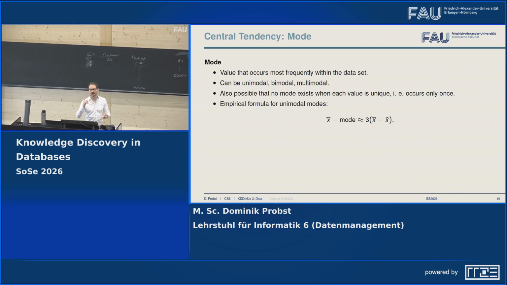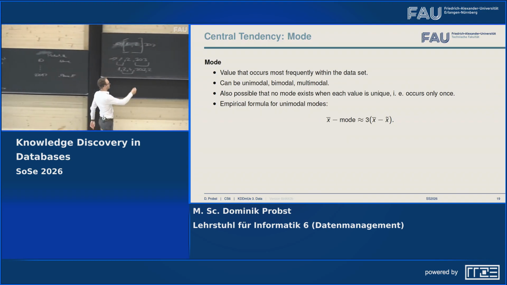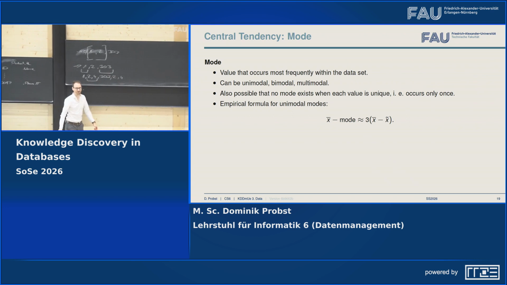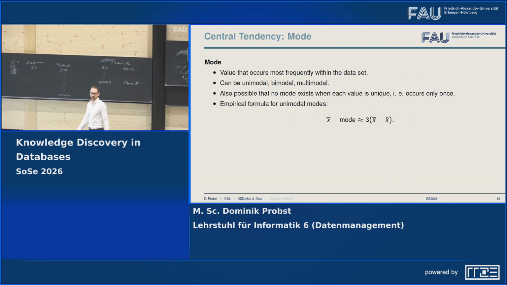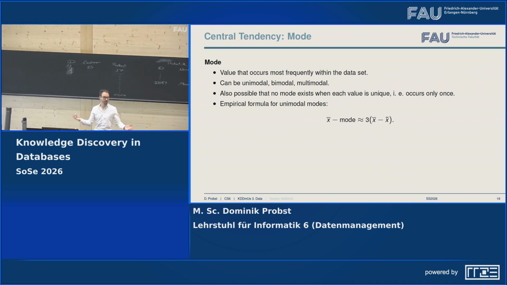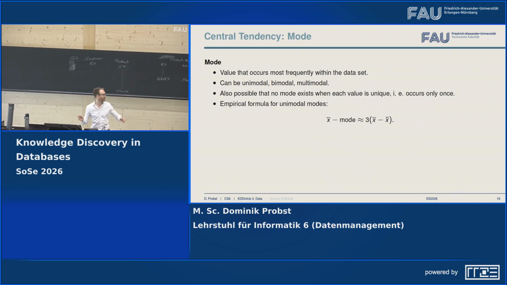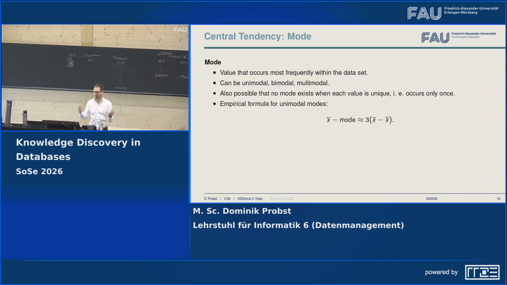If we have only a single value being the mode, then we are talking about a unimodal attribute. If we have 2 values being the most often occurring things, so for example, in this data set, where we have 2 2s and 2 4s, it would be bimodal. And in the original data set, where we have more than 2 values being the mode, then we are a multimodal data set.